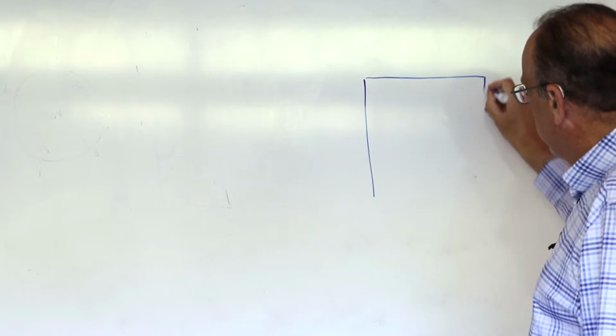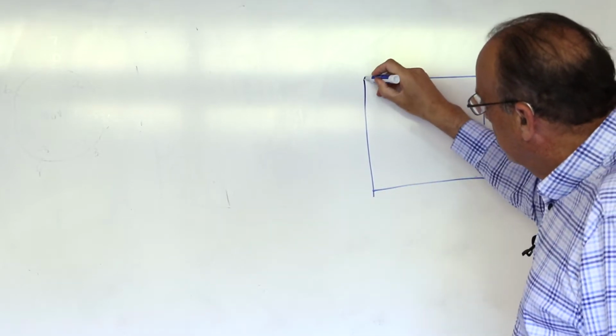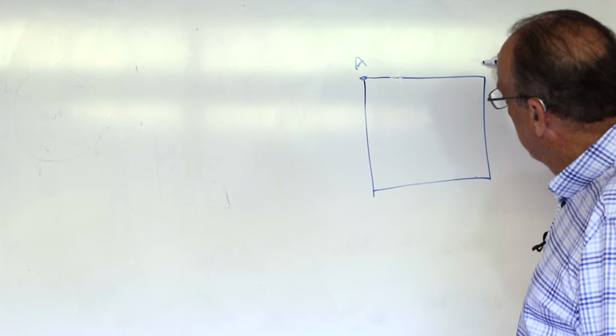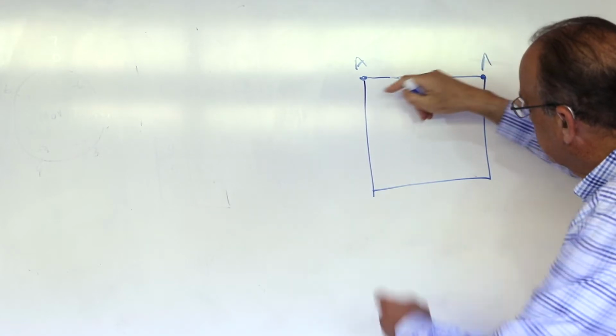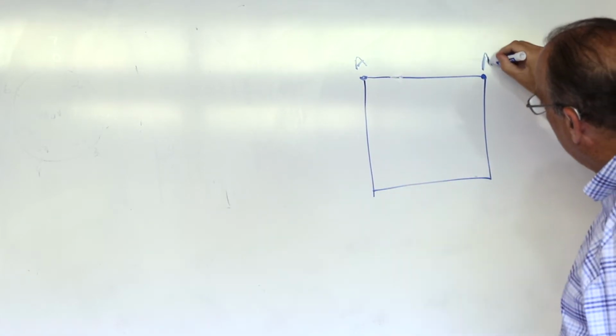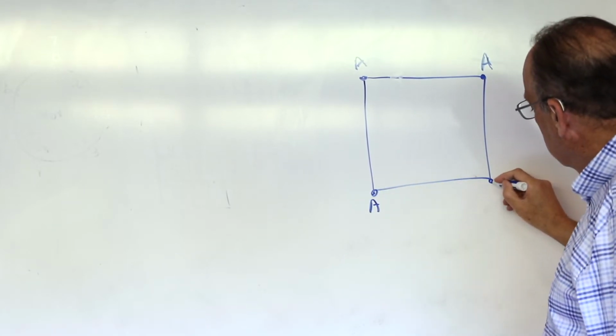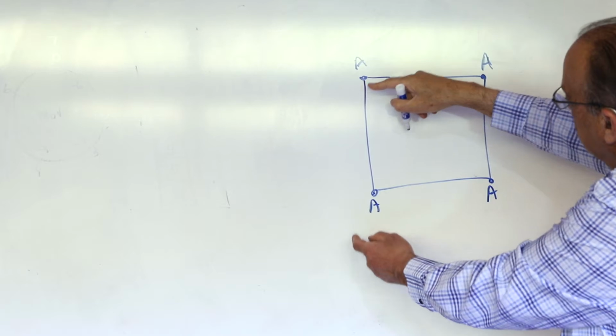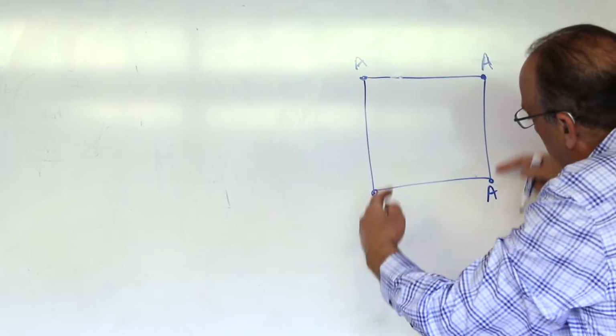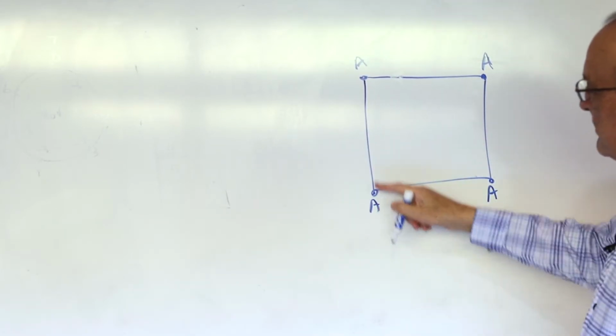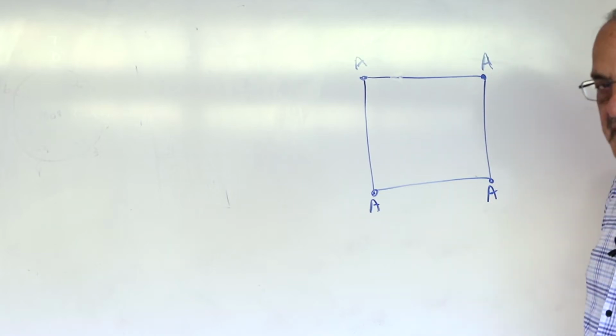So we're going to have this point be the same as this point because we're going to wrap over here. And we're still going to have these points be the same point, because after you wrap this onto this, then they wrap down. So this point A is the same point.